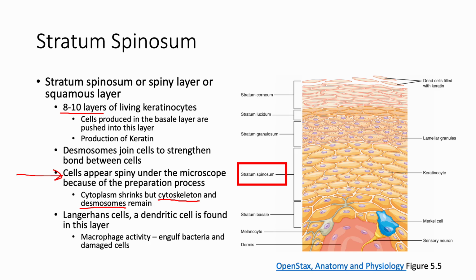And we also find a type of dendritic cell or an immune cell called a Langerhans cell. And so this is important for keeping bacteria, right, at bay, engulfing, phagocytizing damaged cells in the area. So we do have some immune activity in the stratum spinosum layer.